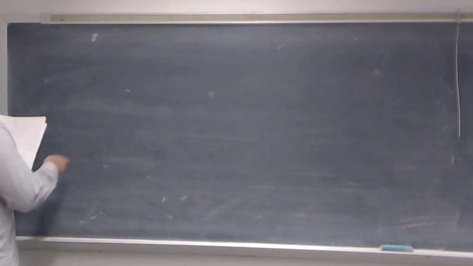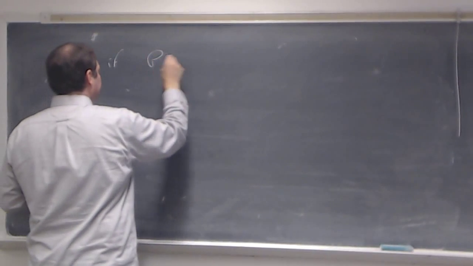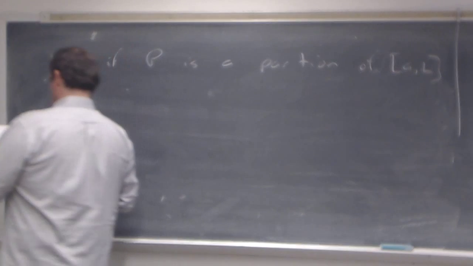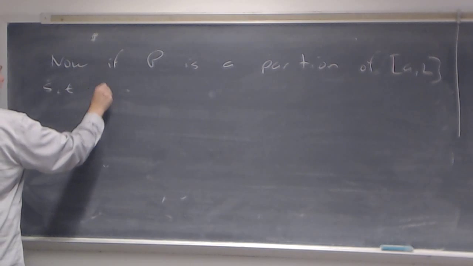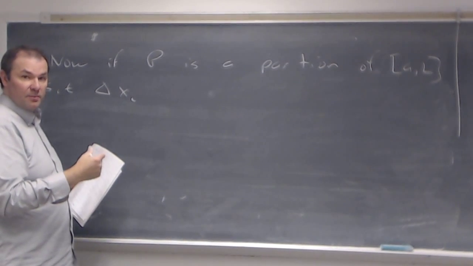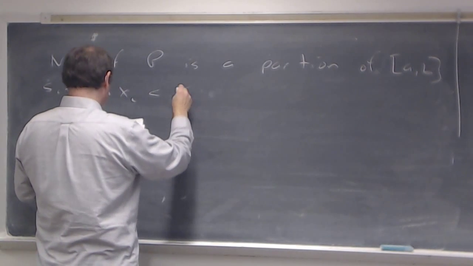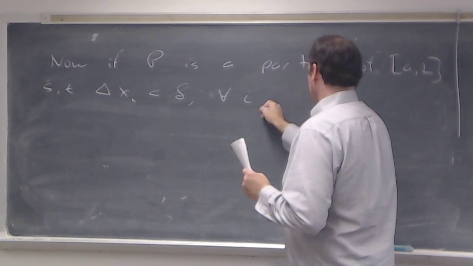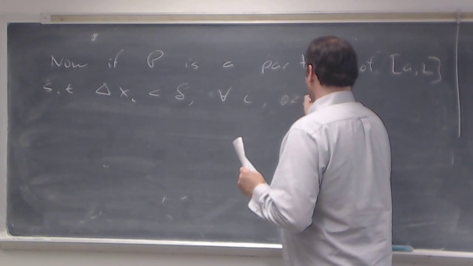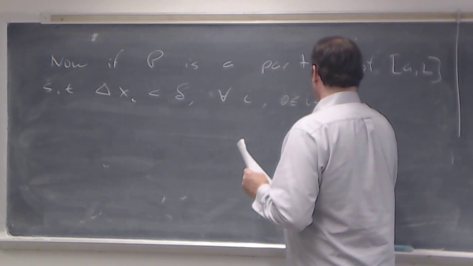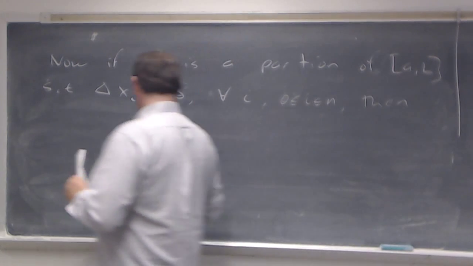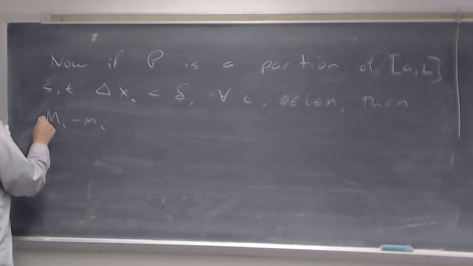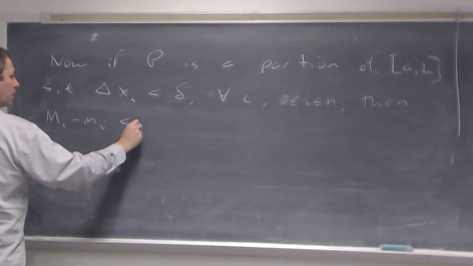Okay. Now, if P is a partition of [a, b] such that the delta x sub i's, the distance between consecutive partition values, are less than delta, and that's true for all i, where again i runs from 1 up to n, then the maximum output value M sub i minus the minimum m sub i from these intervals will be less than eta.